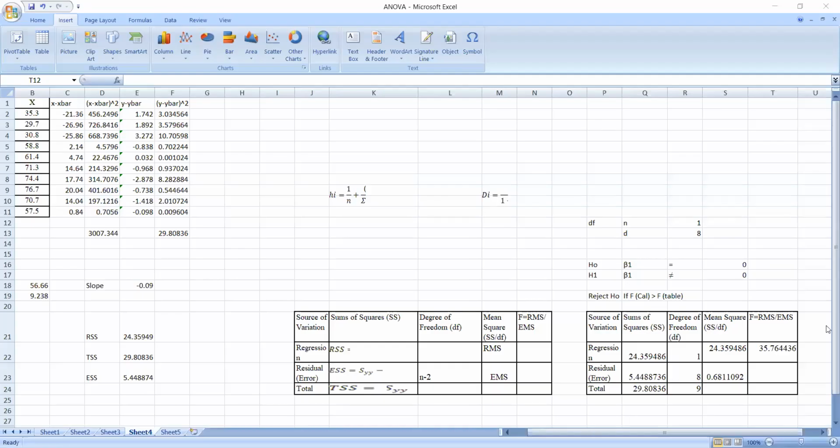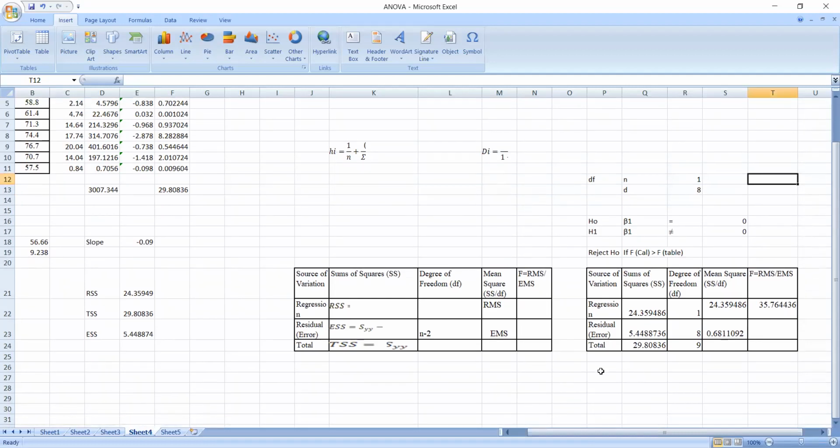Right, so here I'm going to calculate the r squared value. How do I calculate it? I have to take the regression sum of squares and divide by the total sum of squares. The regression sum of squares is this, and I divide it by the total sum of squares.